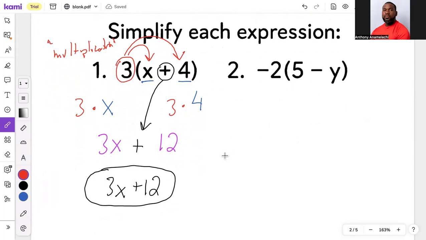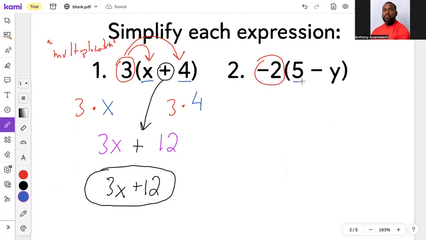Again, please pause this video if you need time to write the problem. You should be writing these examples in your notebook. So the next expression, we have -2 times the quantity of 5 minus y. So our number outside the bracket is going to be -2.